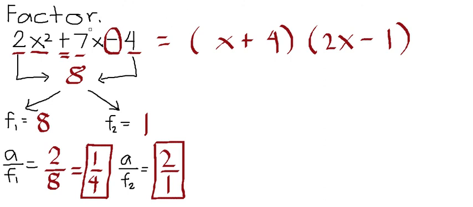So, the factors of 2x squared plus 7x minus 4 is equivalent to x plus 4 times 2x minus 1. So this is our final answer.